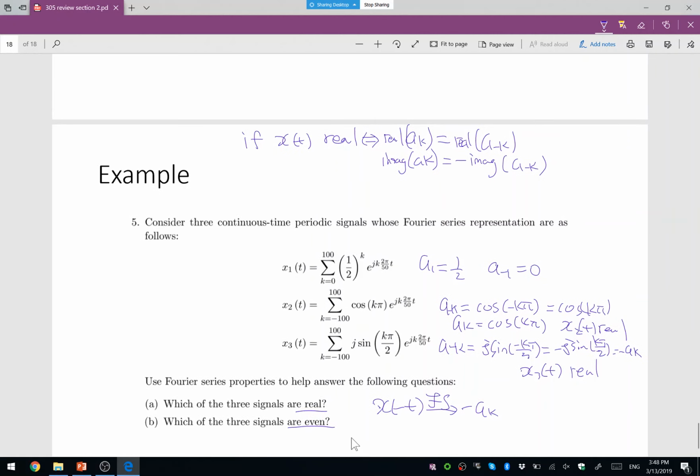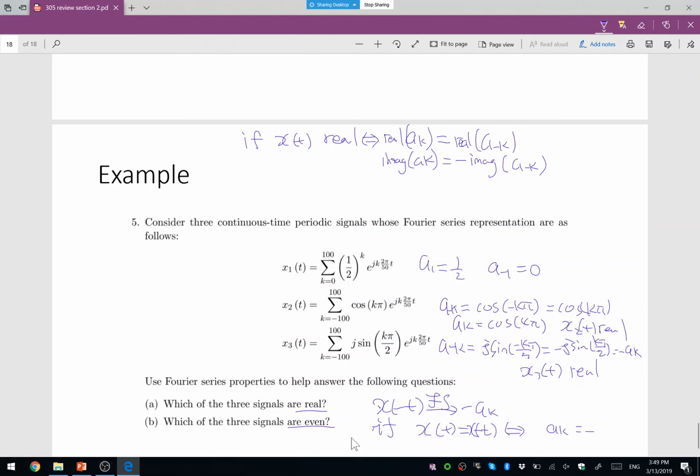Yeah. That means if the signal is even, which is x(t) equal to x(-t), that will give us a_k equal to, hold on, I'm not so sure about this again.